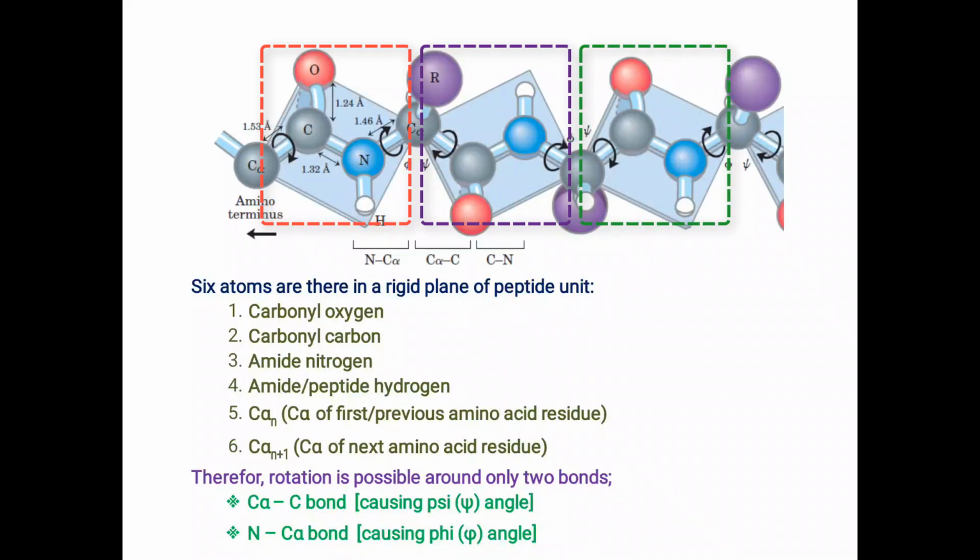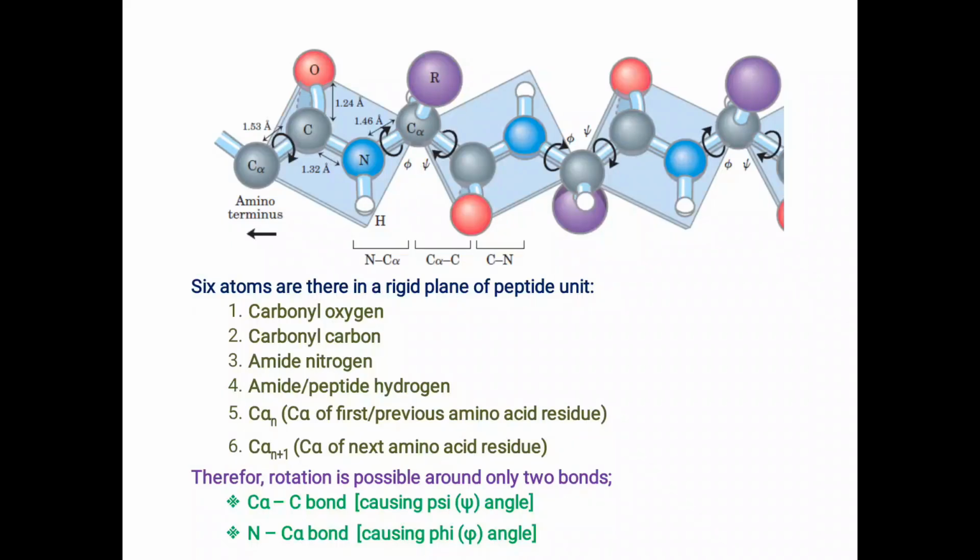In fact, different planes are different peptide units, and we have seen here that each peptide unit is a planar structure, but its plane differs from the plane of the next peptide unit, or you can say the plane of one peptide unit is different from that of the other peptide units present in that peptide or protein molecule. Okay.